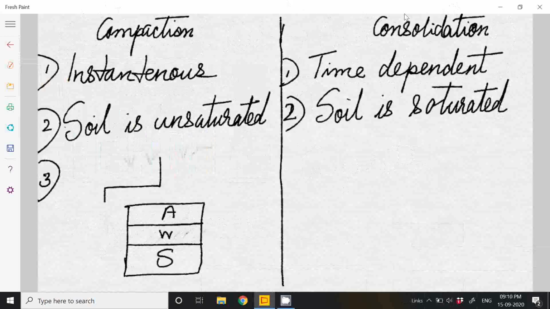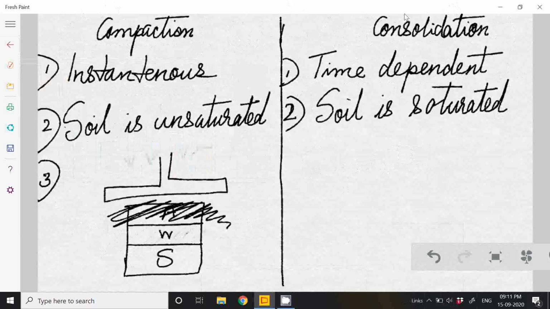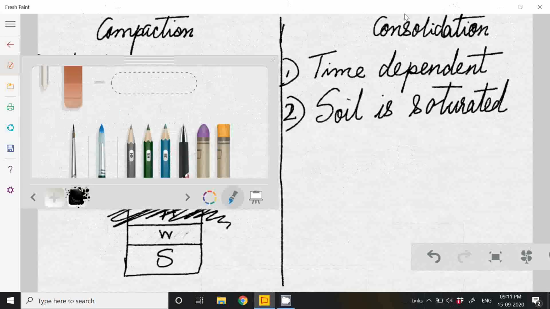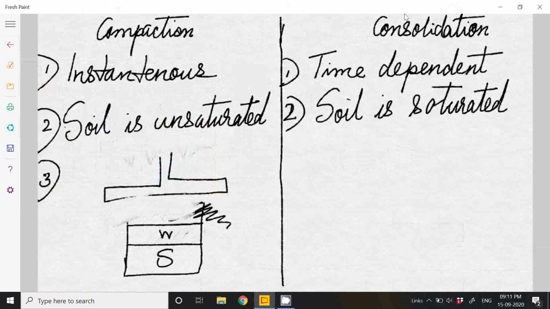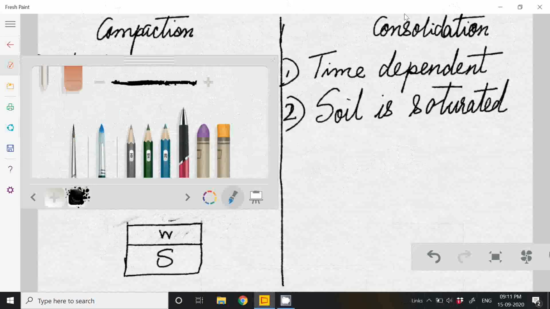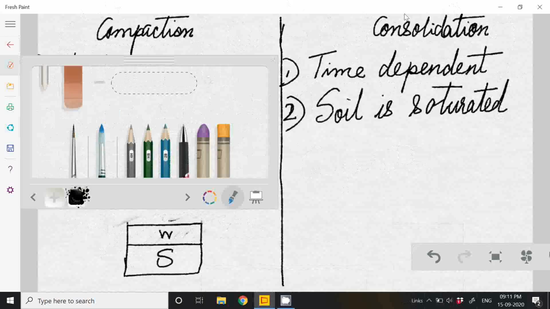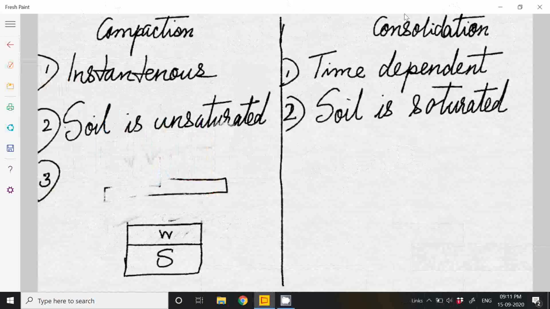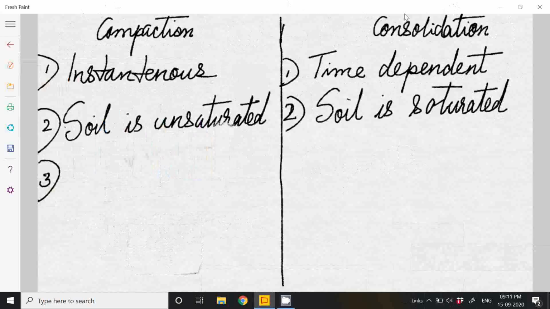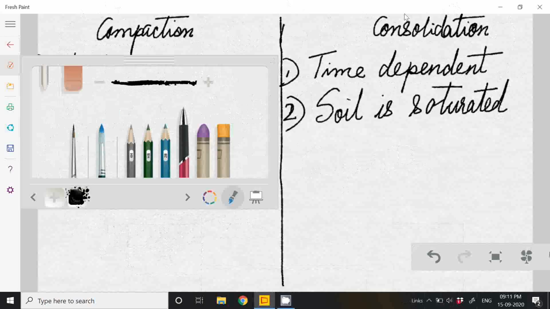When we apply the load, this air gets reduced, it gets expelled, so ultimately the soil volume changes. This is the phenomenon for compaction. So you can write for compaction: it is due to the reduction in the air voids.